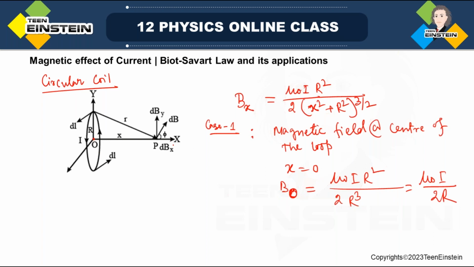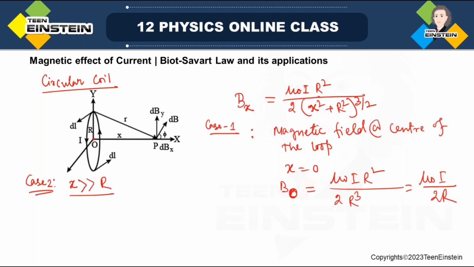Now there is another case, case 2. So what is this case 2? When this axial point is far away, such that x is much greater than the radius of the loop itself.